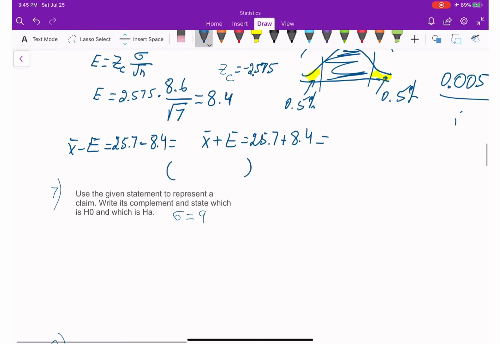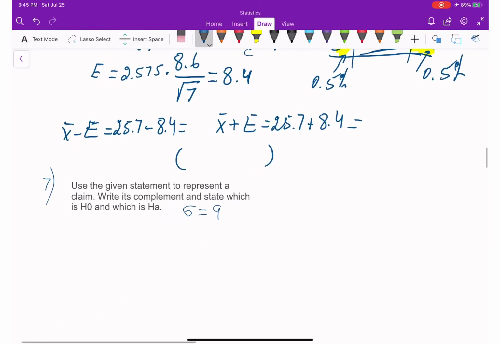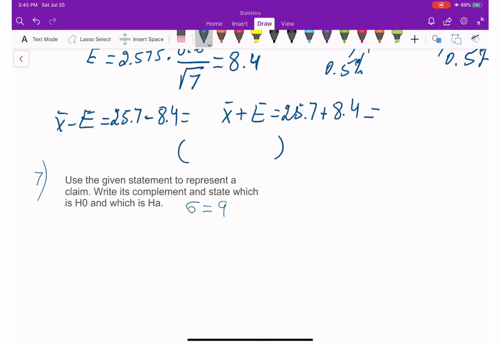Next one, question number 7. Use the given statement to represent the claim. Write the complement and state which one is null hypothesis and which is alternative. If we are given sigma is equal 9, that's the claim.